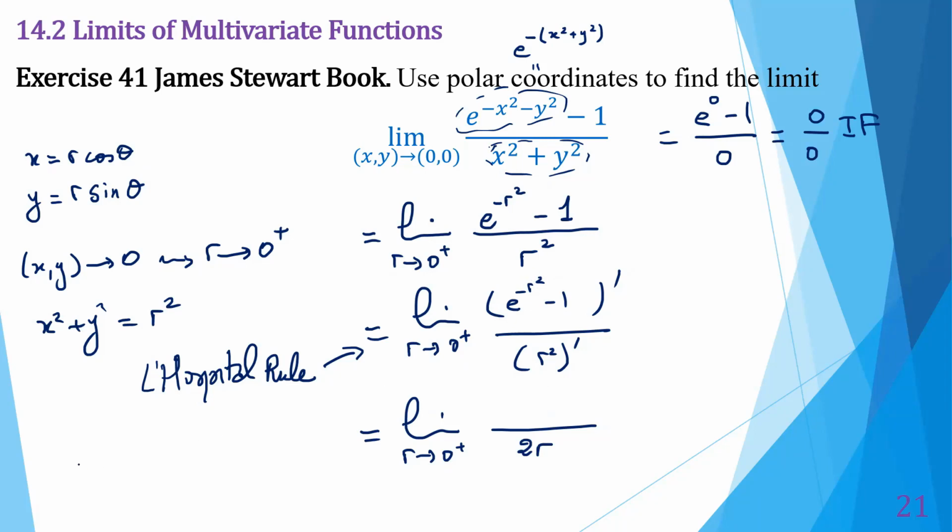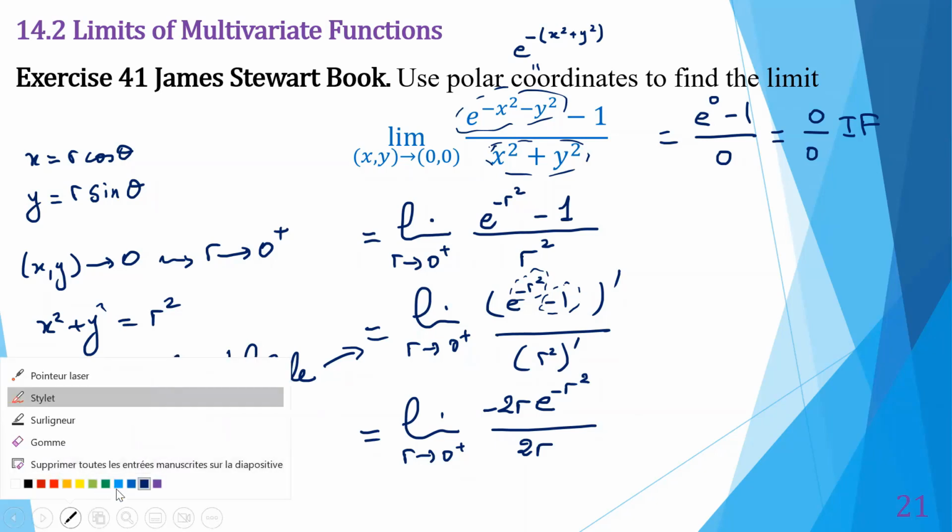The derivative of exponential u of x, we said, is the derivative of u times exponential u. So it's the derivative of minus r squared, which is minus 2r, times exponential minus r squared, and the derivative of the constant is, what is the derivative of minus 1? 0. So this is gone. Using this rule, we end up with this limit, and here we see that we can simplify.